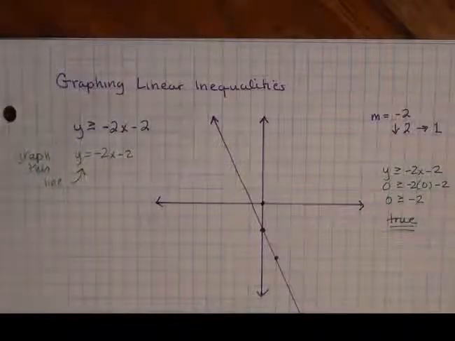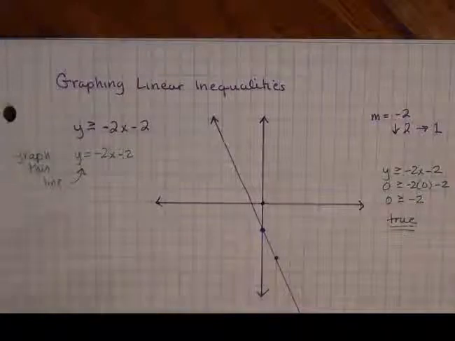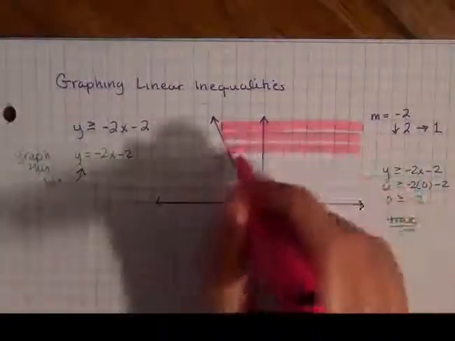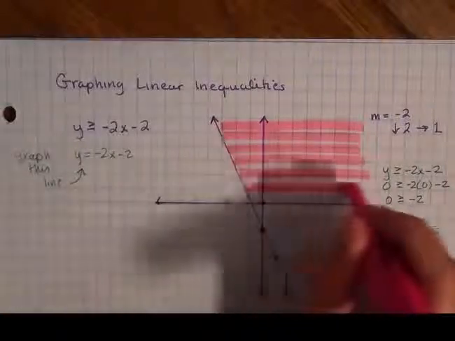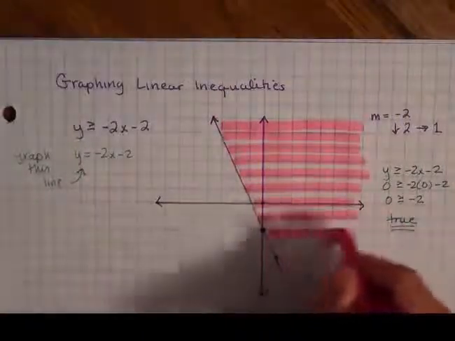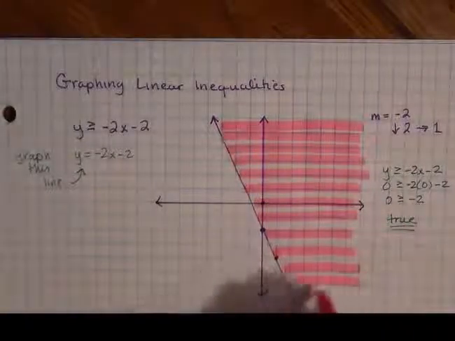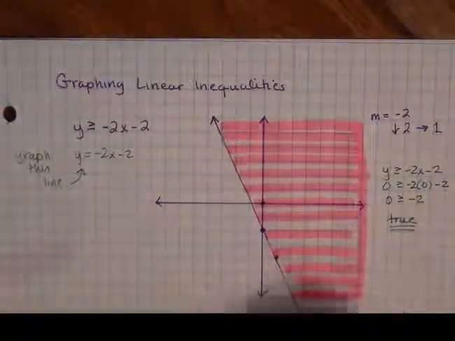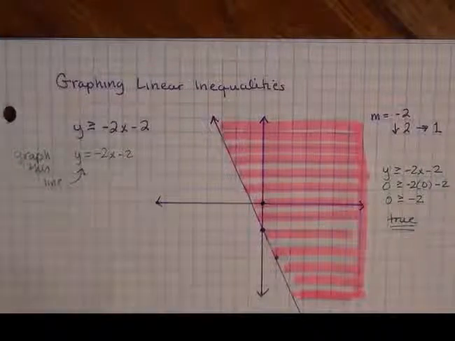If I got a false statement, I would shade the opposite side. So we'll just shade this whole side of the coordinate plane, and that tells me that anything on this side of my graph would make a true statement.